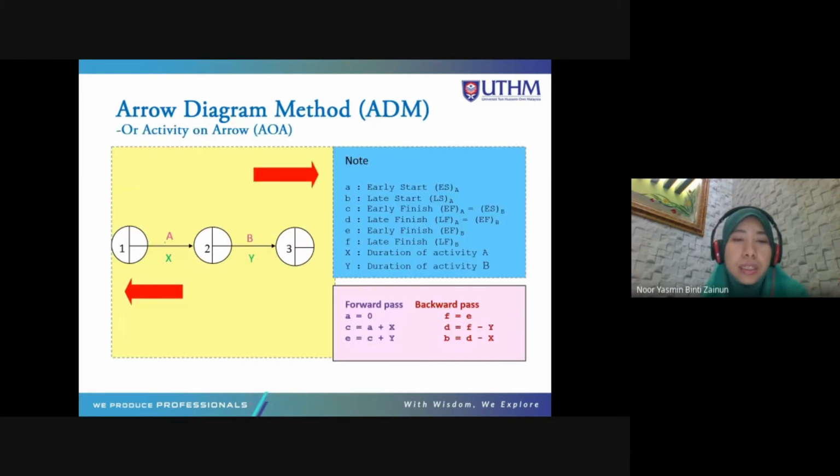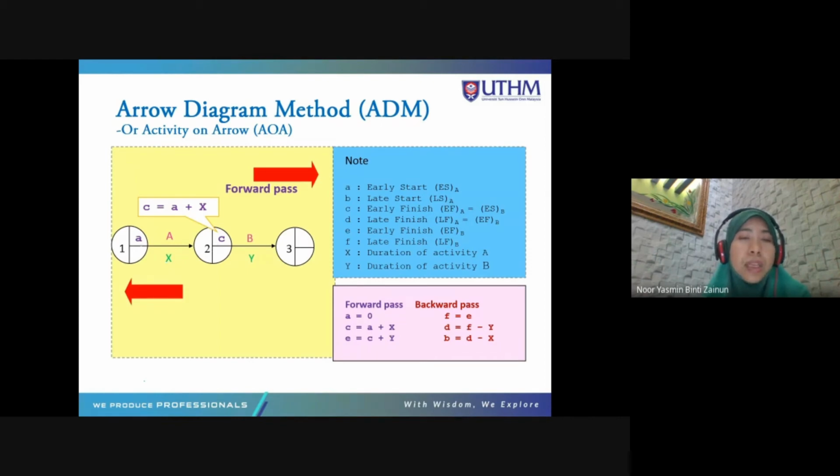So early start is here. We have forward pass and also backward pass. Early start is A, early finish is C for activity A. C is equal to A plus X, which is the duration.